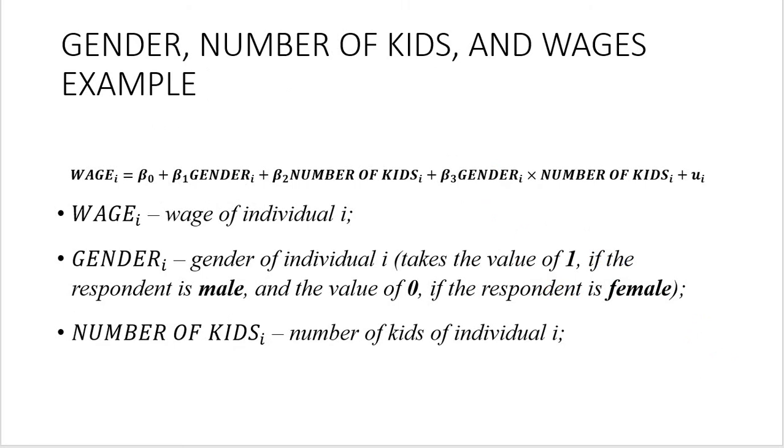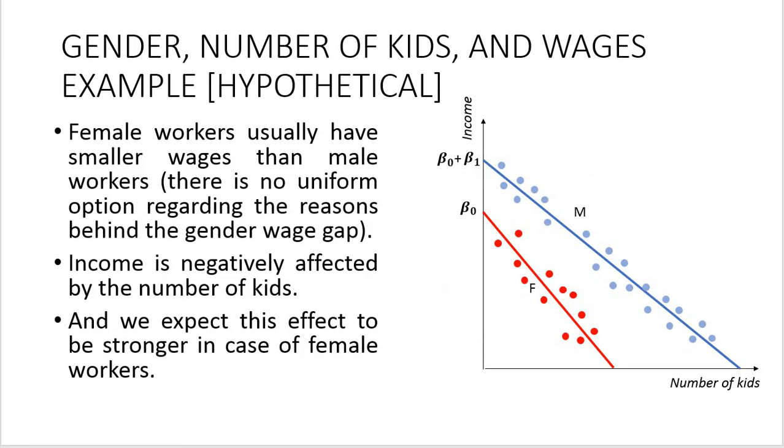So if our intuition is correct, and females are indeed affected more by the number of kids than males in terms of their income, then beta 3 shall be negative and statistically significant. This will mean that for males, the effect of kids is less powerful than for females.